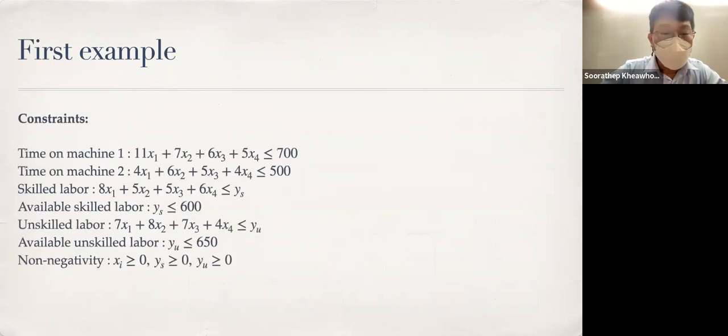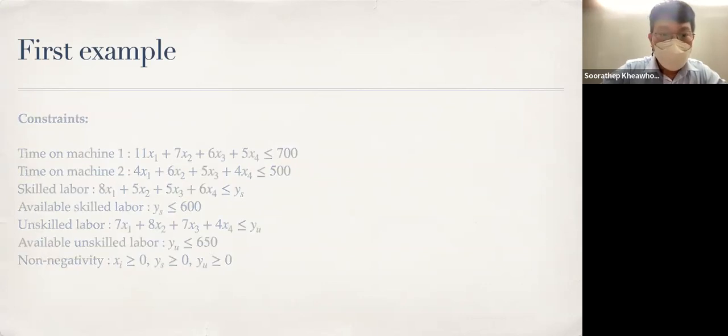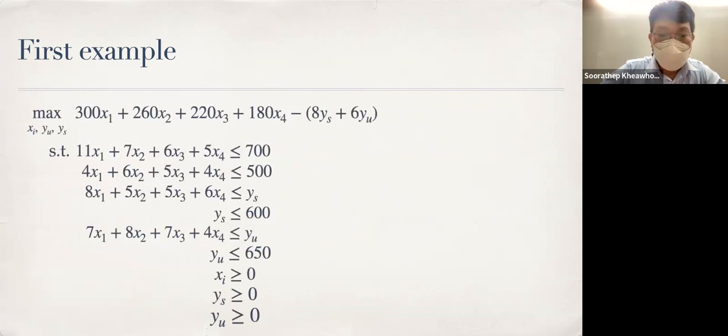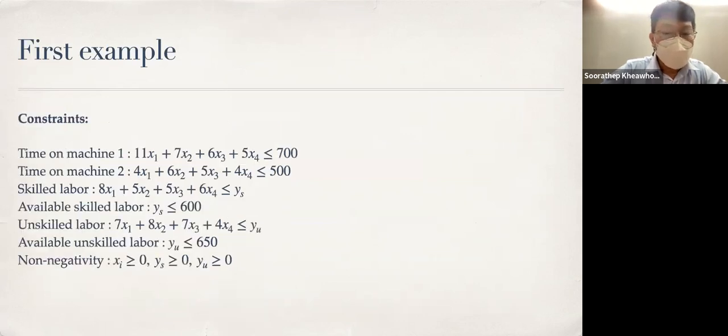Oh, yeah. I want to remind you something here for the first example because we skipped talking about that point, but we implemented it in our first example. It is non-negativity. This is important. Later, of course, I can show you that without non-negativity, you will get a wrong solution.